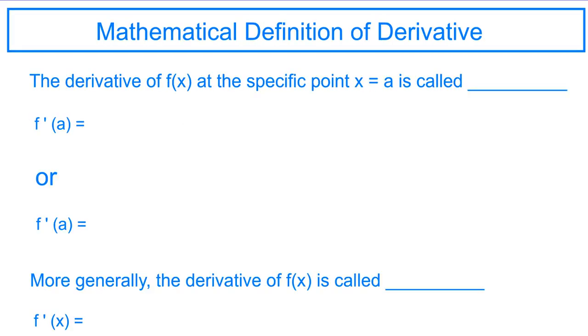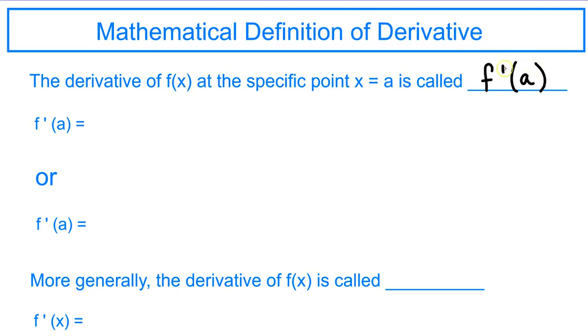Okay. The mathematical definition of derivative. You've seen it a couple of times this week with the different definitions we've been working through. The derivative of f of x at the specific point x equals a is given a specific kind of notation. It's called f prime of a, and it looks like this.